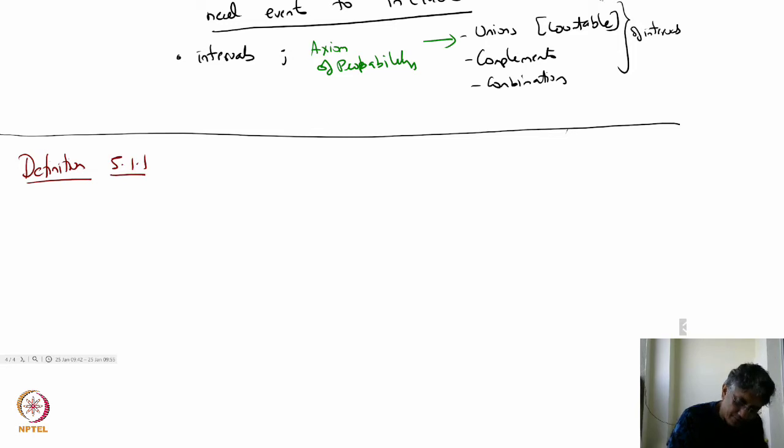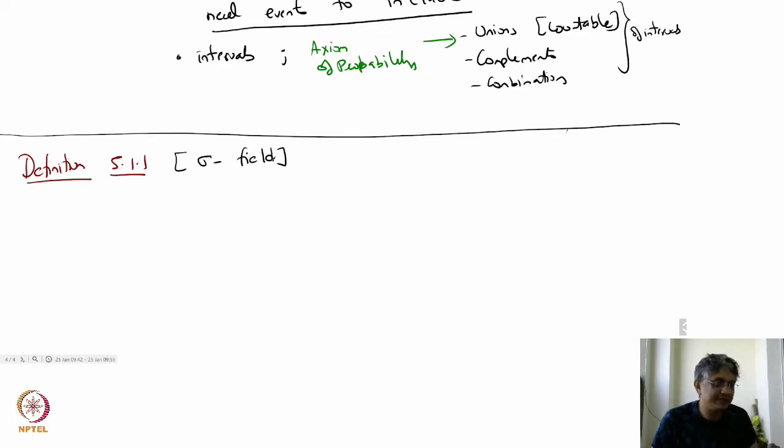Definition 5.1.1. So the term for these is called sigma field. So the event spaces have to be sigma fields. Okay, so that's what the idea is, that one has to check that. So what does it mean?